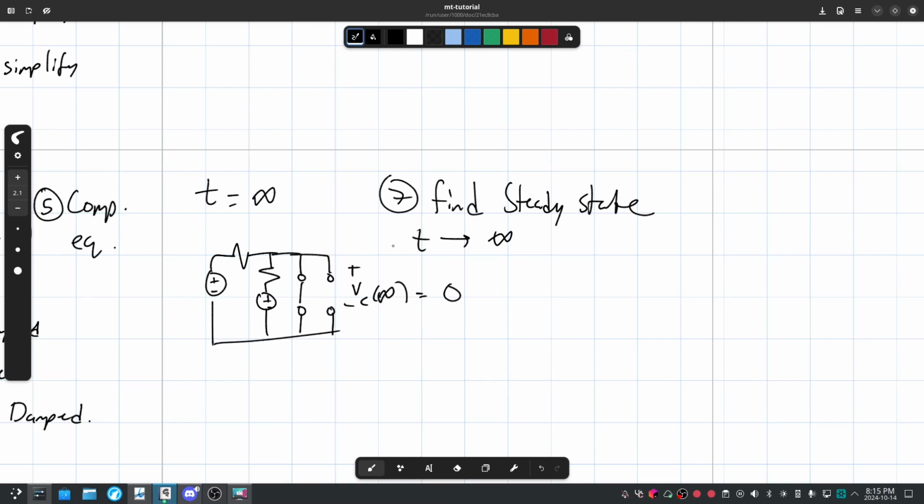There can be no voltage drop. But if you do have voltage sources, like here, or current sources, you need to find the steady state. All you need to do is draw the circuit at steady state, at time infinity, again.